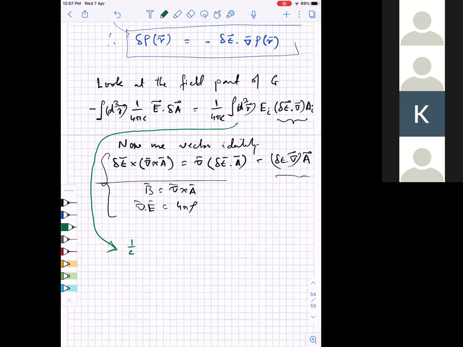It will become, right, so it will become 1 by c summation over i, then there is a Qi delta, plus 1 by 4 pi c.